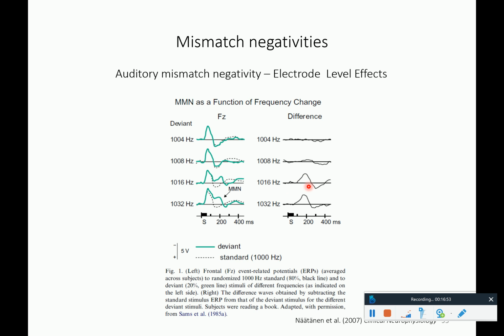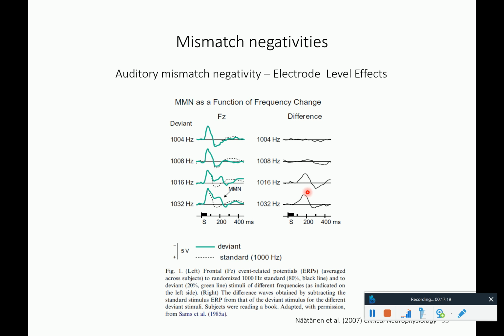What you will also notice is that there is not only this effect at 150 to 200 milliseconds, there's also something happening a bit later. So this is this positivity here, which looks like a negativity, but is a positivity.